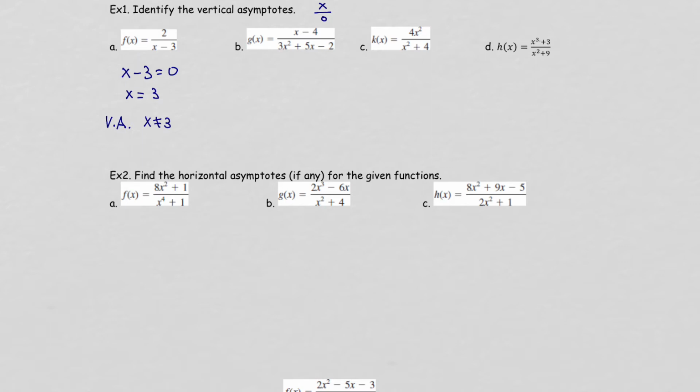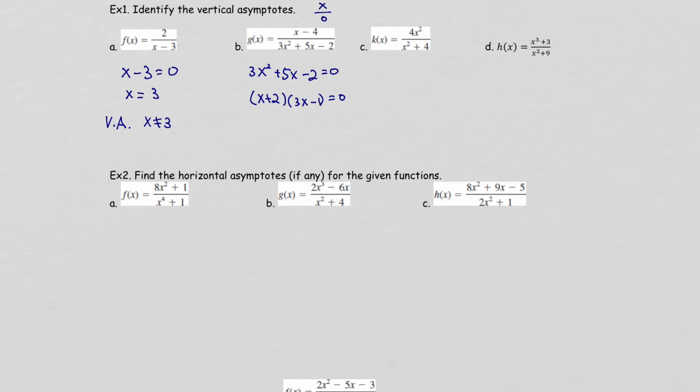What about b? If we wanted to find the vertical asymptote, same thing. You're going to find out what value of x will give you denominator equals 0. Whatever that value is will be your vertical asymptote. So basically let it equal 0 and solve it. You should be able to factor this. So this is going to be x plus 2 and 3x minus 1.